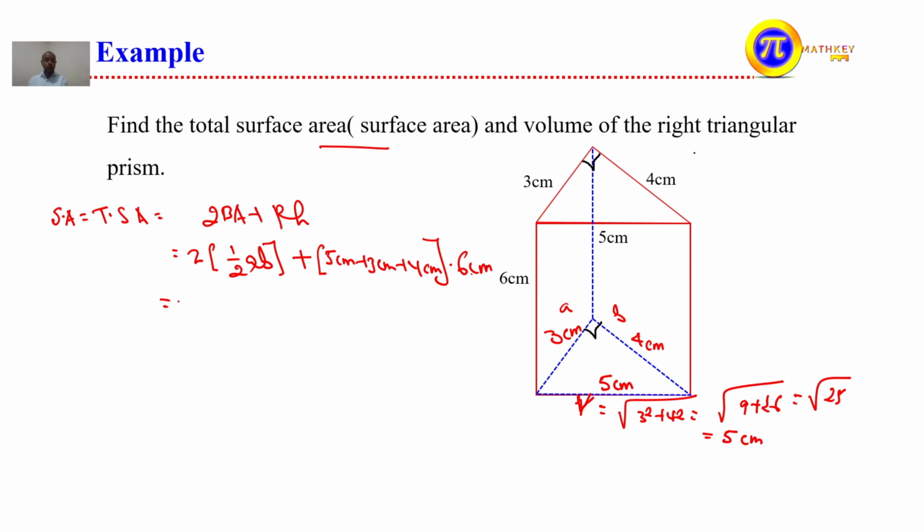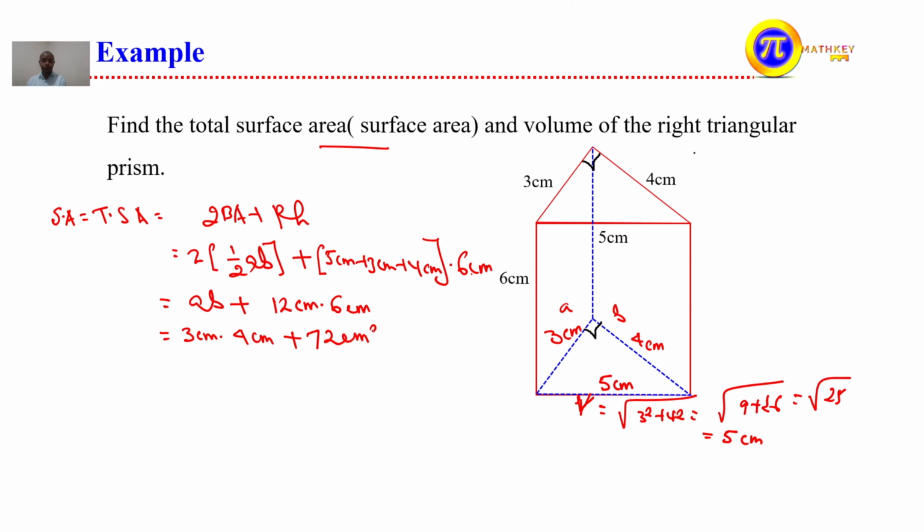So which is equal to: we cancel 2 by 2, what remains is a times b plus 5 plus 3 plus 4, that is 12 centimeter, times 6 centimeter. Here ab means our a is 3 centimeter times our b is 4 centimeter, plus 12 centimeter times 6, that is 72 centimeter square.